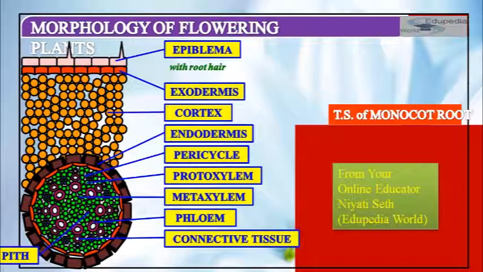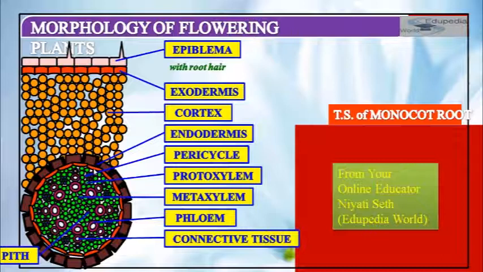Then comes your pericycle. This red one is your pericycle and the brown one is your endodermis. So first we will focus on the pericycle. This pericycle is the outermost covering of the stele, represented by a single layer of parenchyma cells, students.